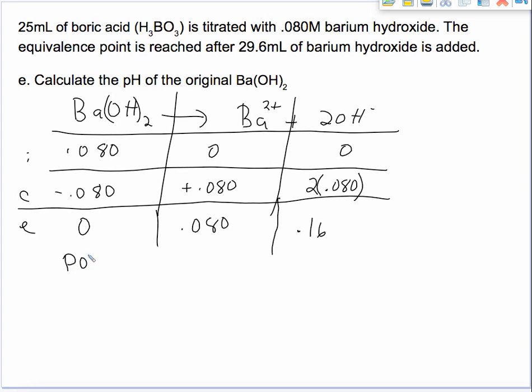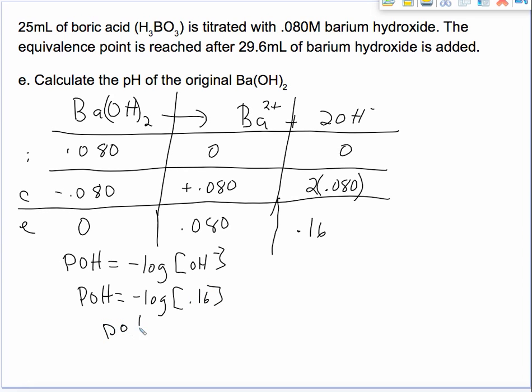Now it's important, we really need our hydroxide concentration. To get the pH, first we have to do the pOH. So pOH is going to equal the negative log of our hydroxide ion, which we know. So pOH equals the negative log of 0.16, so the pOH is going to equal 0.80.